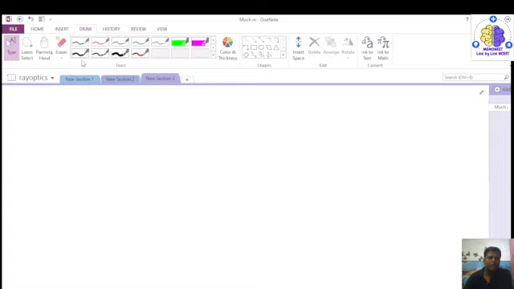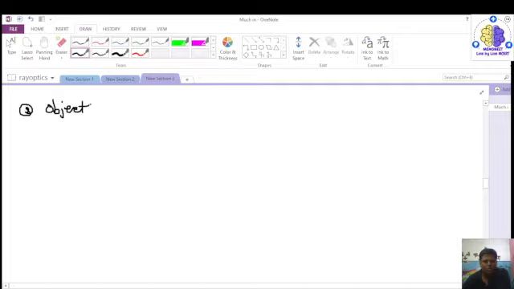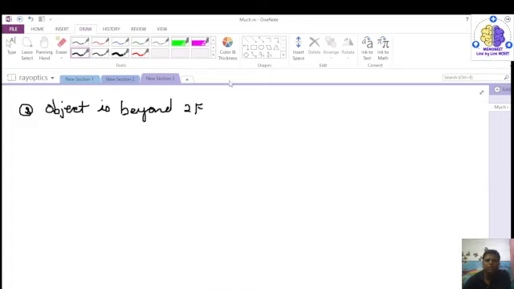So the second case is when the object is beyond 2f, right? So let me draw again.